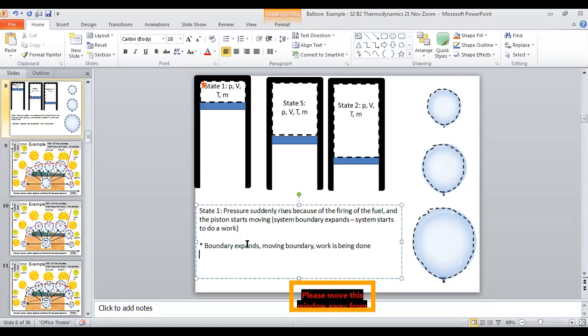Or work is being performed by the system, or the system performs work. So system is doing a work. Okay, more simple way. Okay, so I believe you have to have this little understanding.